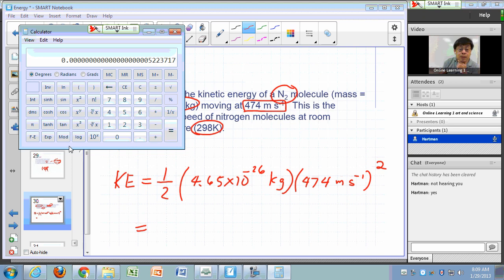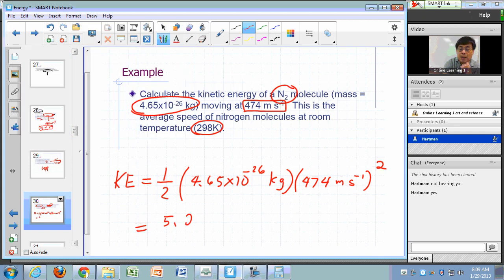I'll put that in scientific notation. How do I put that in scientific notation? Okay, what is it? I think it's 21. So it's 5.22 times 10 to the negative 21 joules.